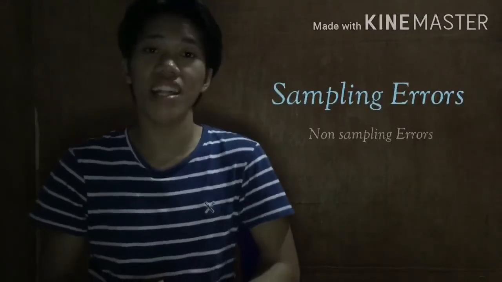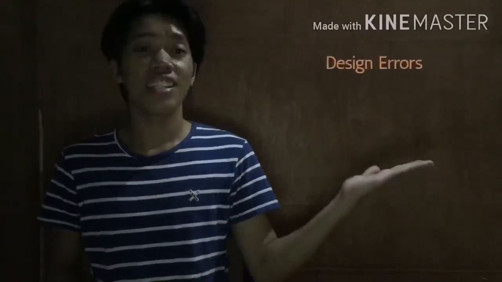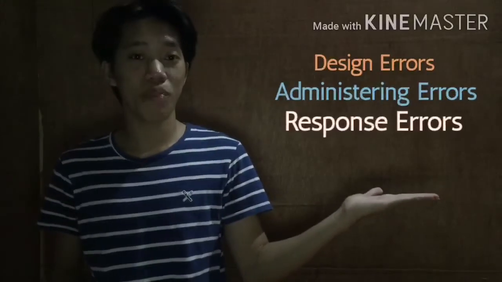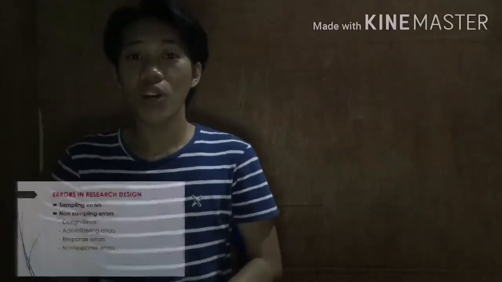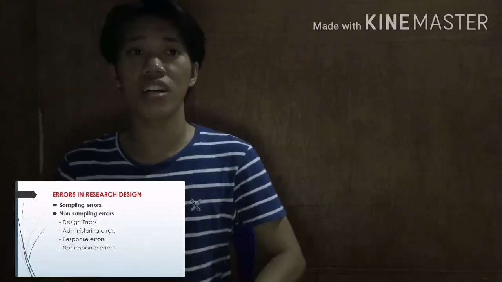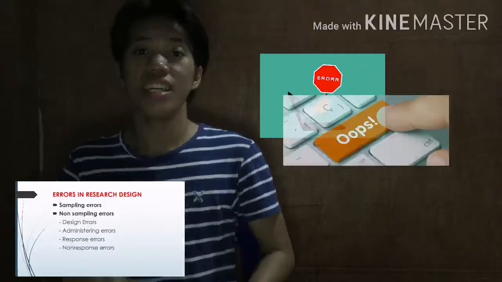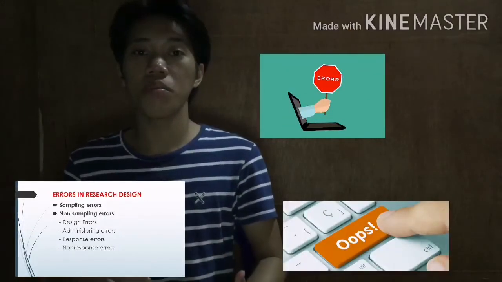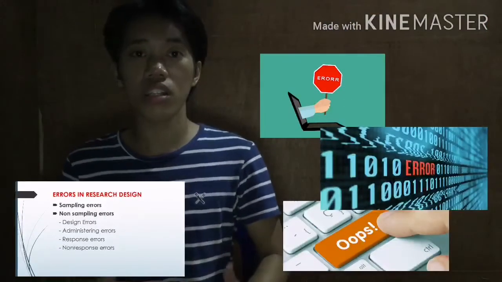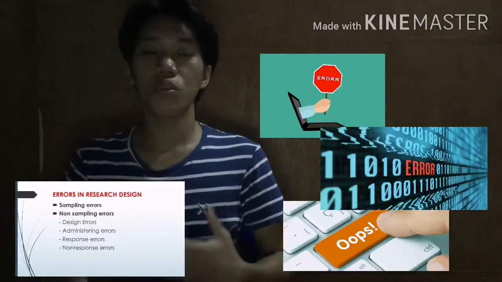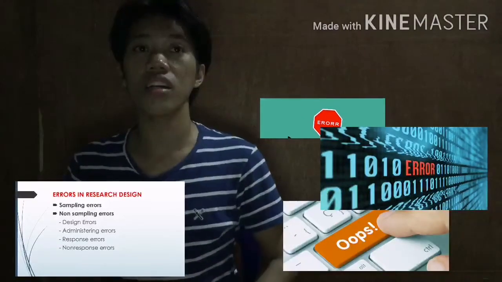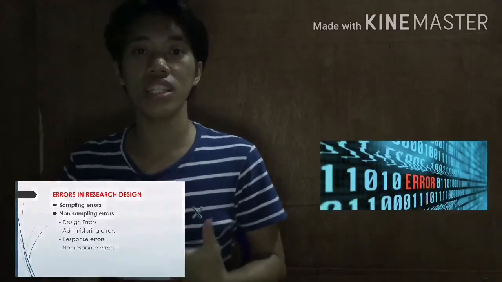Next, we have errors in research design, which are sampling errors and non-sampling errors. Under non-sampling errors are design, administering, response, and non-response. Encountering these kinds of errors greatly affects the results of a research design in such a way that some parts of it are not reliable or insufficient in supporting the information needed.